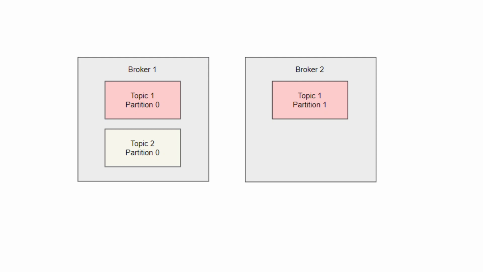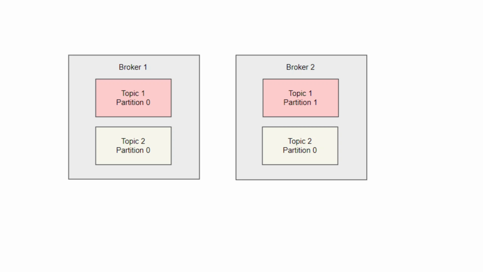For example, here is a visual representation of a scenario where topic 1 has a replication factor of 1, but topic 2 has a replication factor of 2. Topic 1 has 2 partitions, topic 2 has only 1 partition.